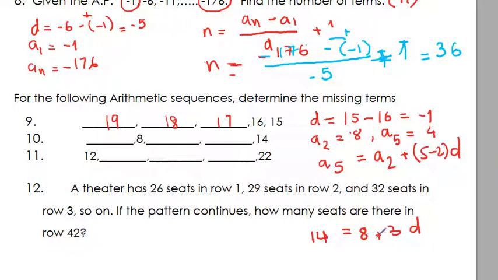Alright, so what's D here? 14 minus 8, 6 divided by 3, 2, okay. D here is 2, okay.